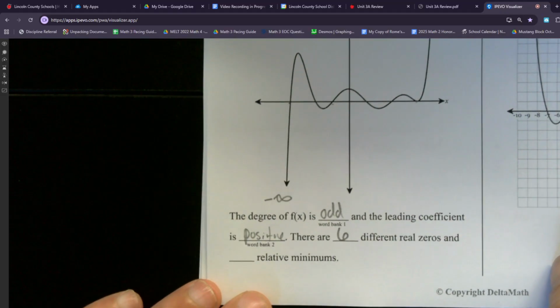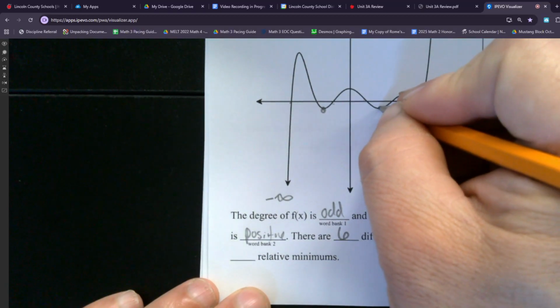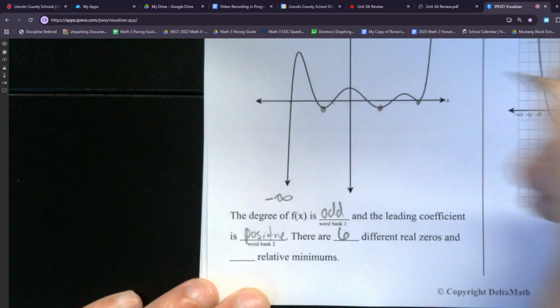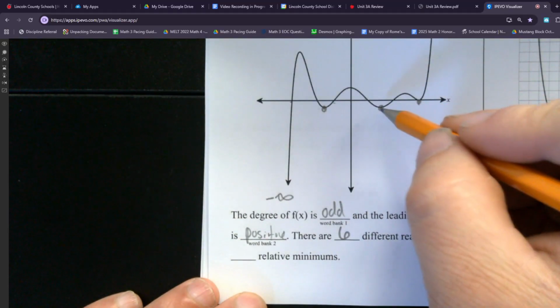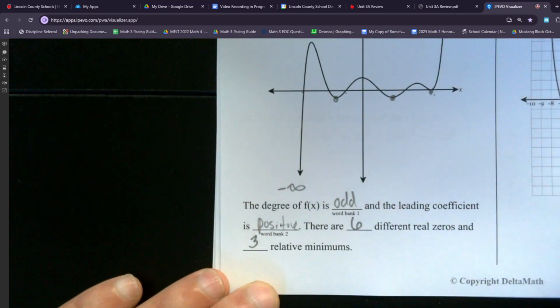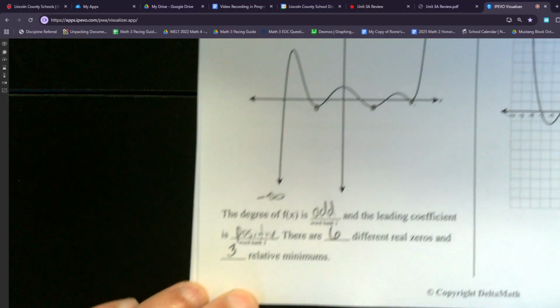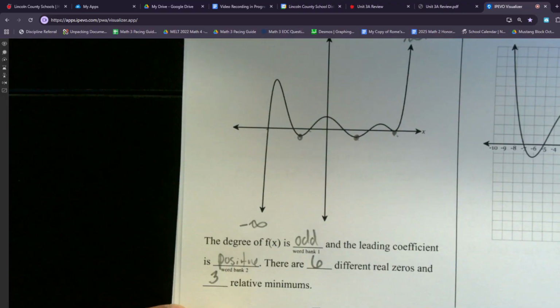All right. And then minimums, we have 1, 2, 3 minimums. Okay, so 3 minimums. So that would be the answer for that one. Okay.